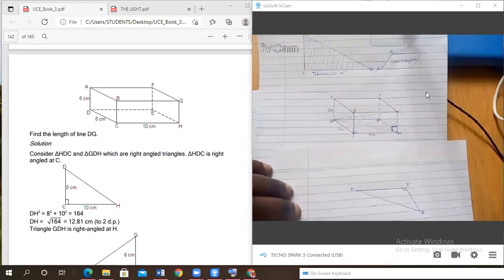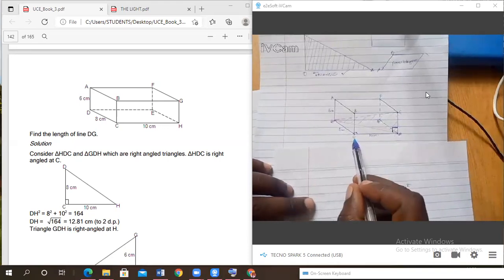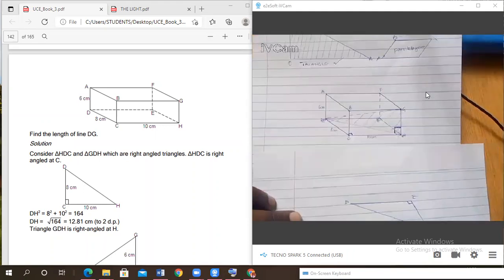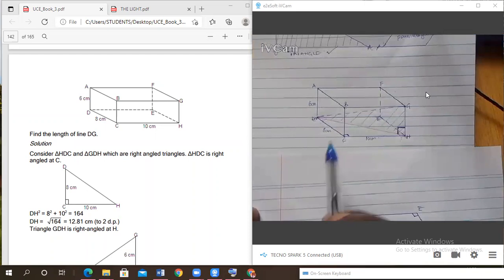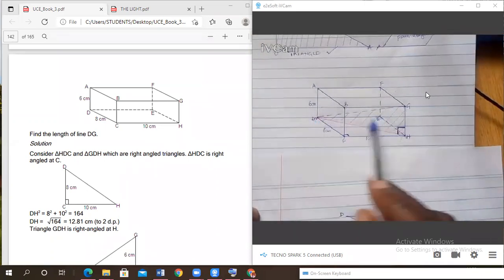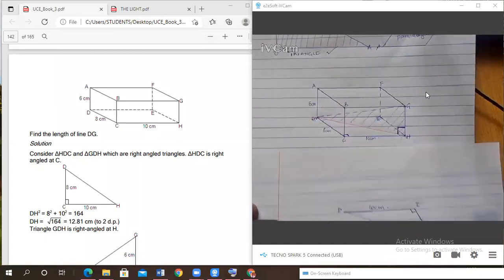Okay. So I'm going to put the value of EH and DH. If CH is 10, from C to H, it means that DE is also 10. So I'll write 10 centimeters there.